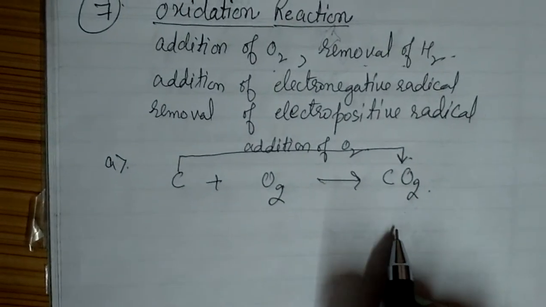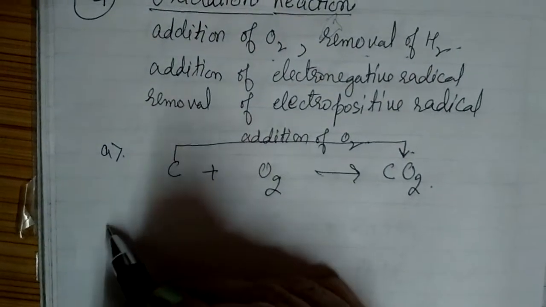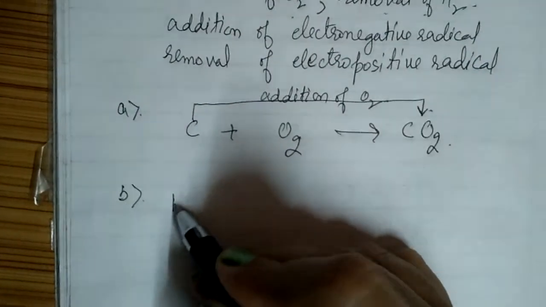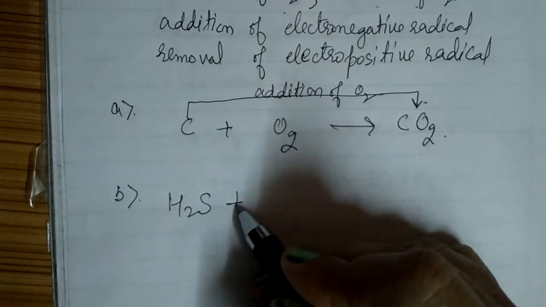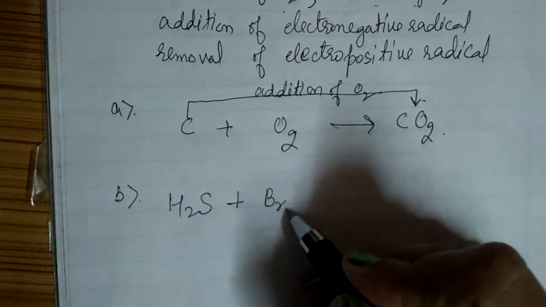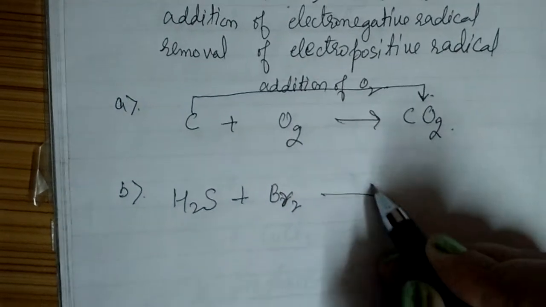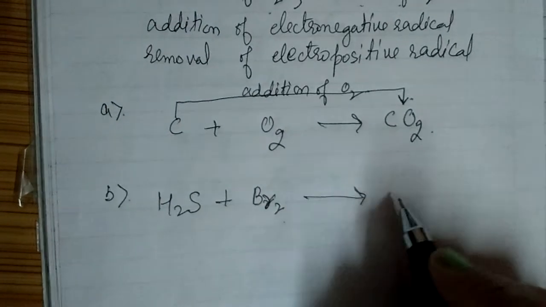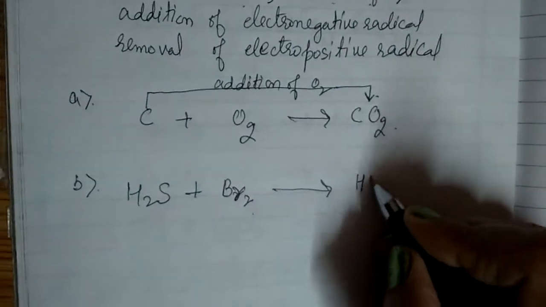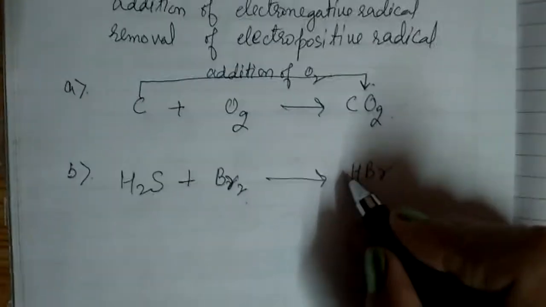Another example I provide you, where we see the removal of hydrogen. For example, in this case B, we have the reaction between hydrogen sulfide, the formula is H2S, and bromine, the formula is Br2. What we see here is that hydrogen sulfide reacts with bromine to form hydrogen bromide, and its formula is HBr.